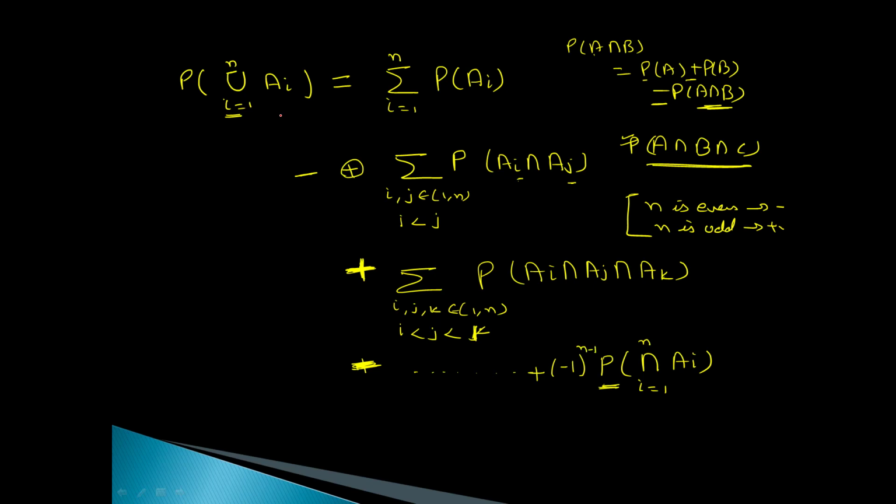Whenever n is 2, I get 2 minus 1, which is 1, and -1 raised to power 1 is negative. When n is 3, I get raised to power 2, which is positive, and so on. So for n even, I always get a negative sign, and for n odd, I always get a positive sign. This is another way of generalizing the addition theorem for n events.